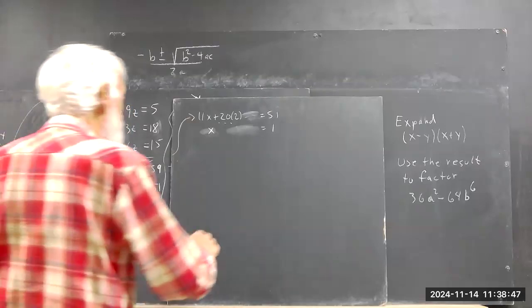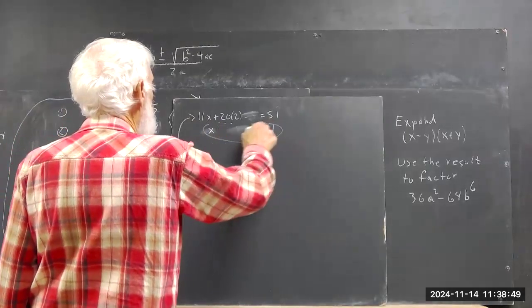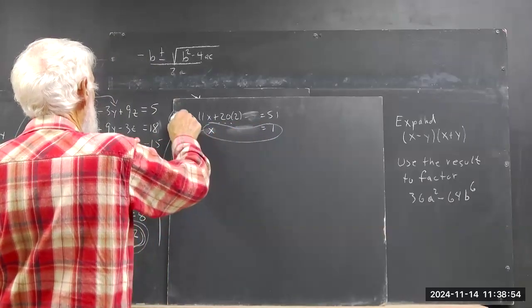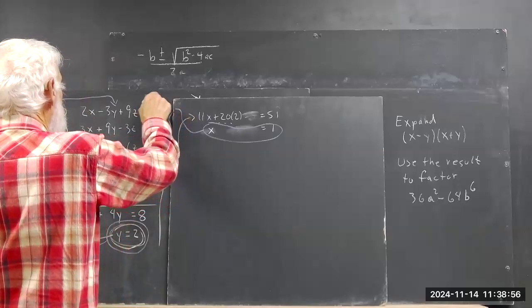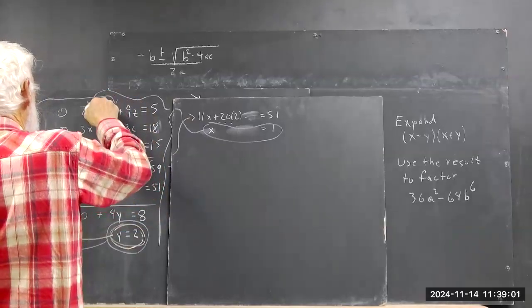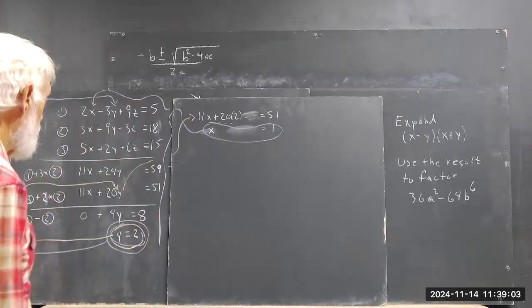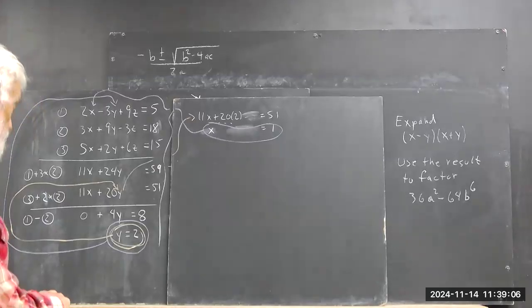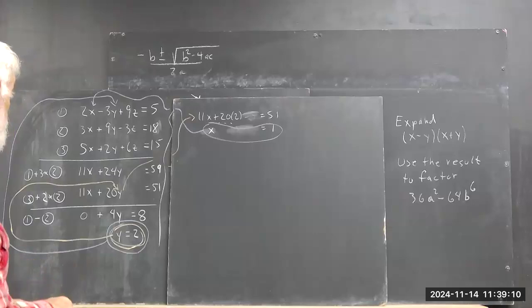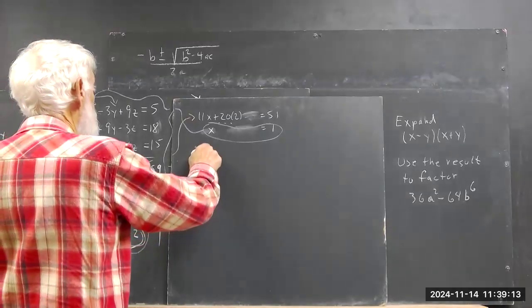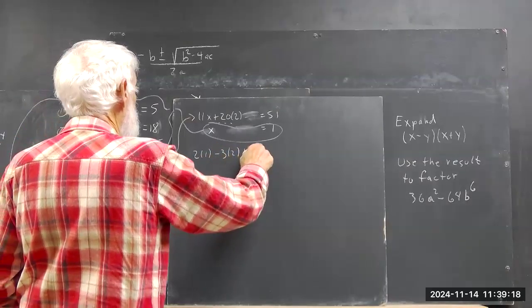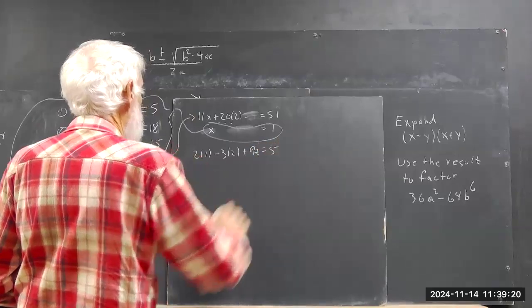And we take this x and bring it over here, and plug it in for x. And from that, we get the equation 2 times 1 minus 3 times 2 plus 9z equals 5.